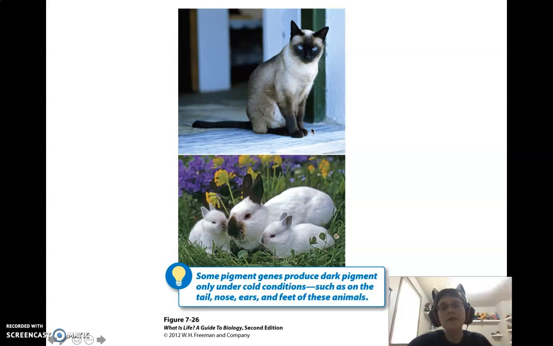And think about those things on yourself. What are those compared to the rest of your body? They're colder, right? So those areas are colder compared to the rest of your body, and they will be on these animals as well. So what do dark surfaces do when they're in the sun?